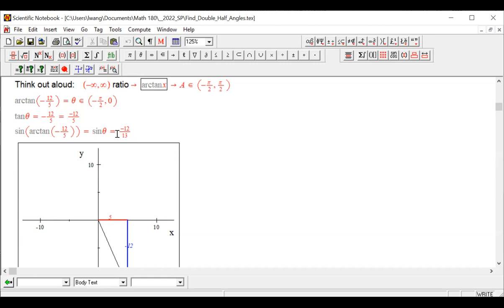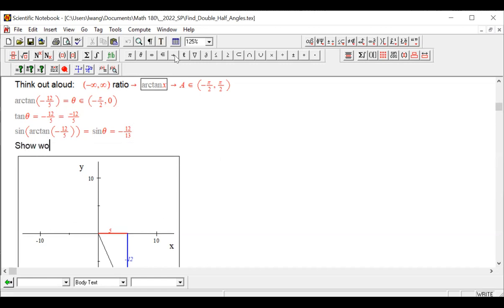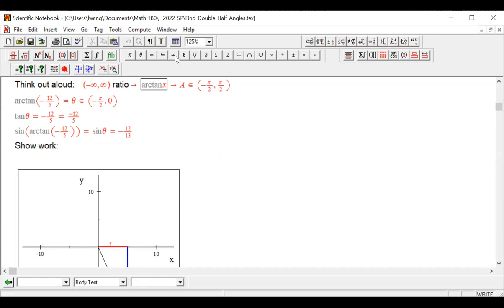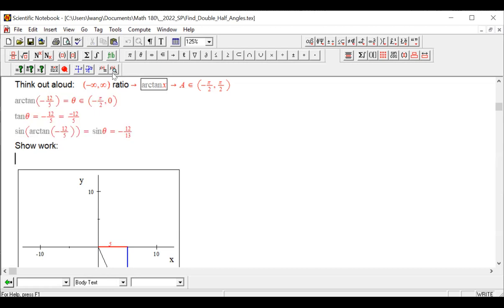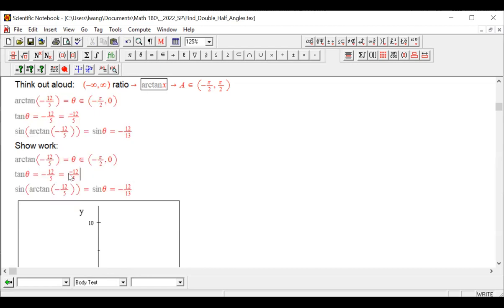So that's the answer to this question. In terms of showing work, it's all here. And you don't really need that piece.